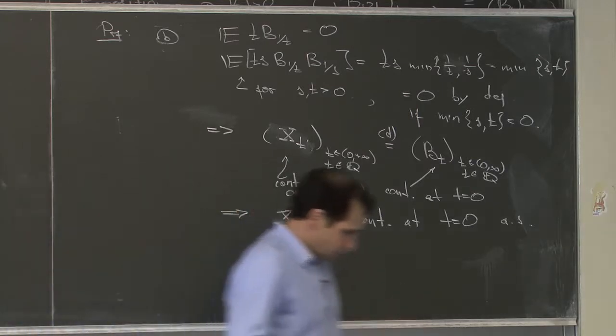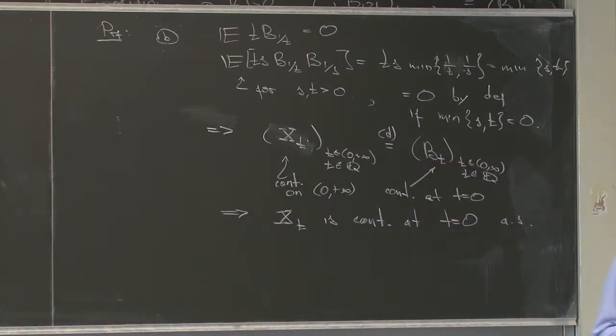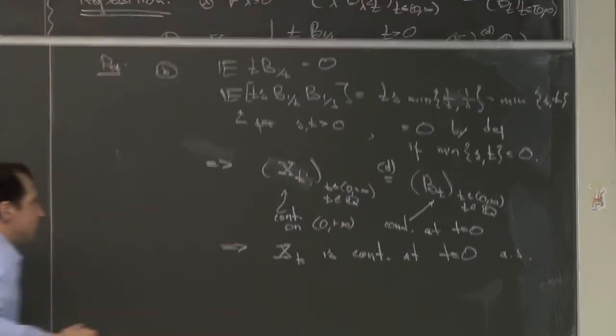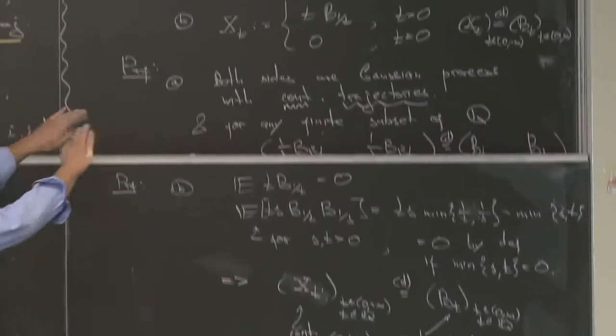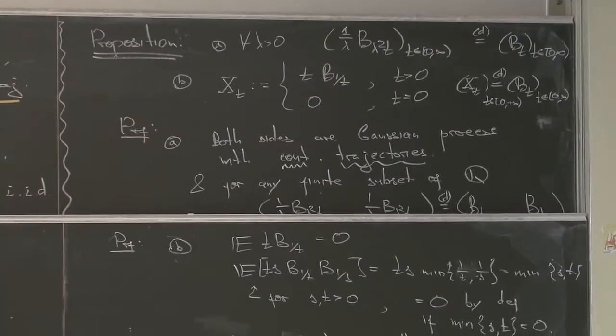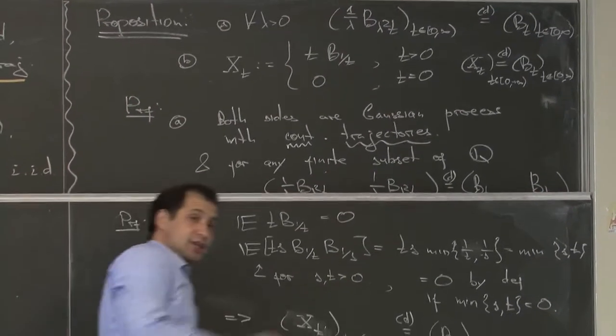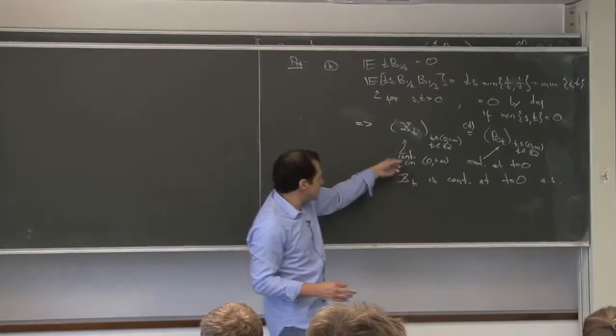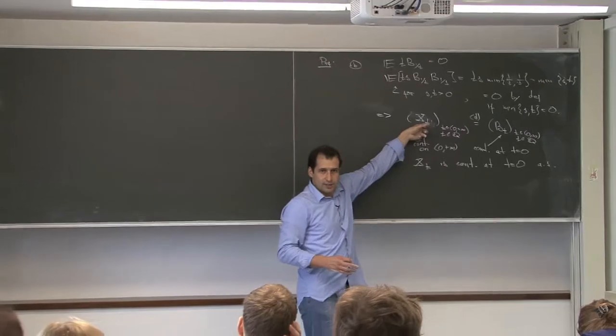So what happened? It was some technicality. I mean, a priori, I intended to say everything is exactly the same, both sides are continuous on the whole half line, and on rationals, they're identically distributed. The issue is that a priori I do not know this guy is continuous.